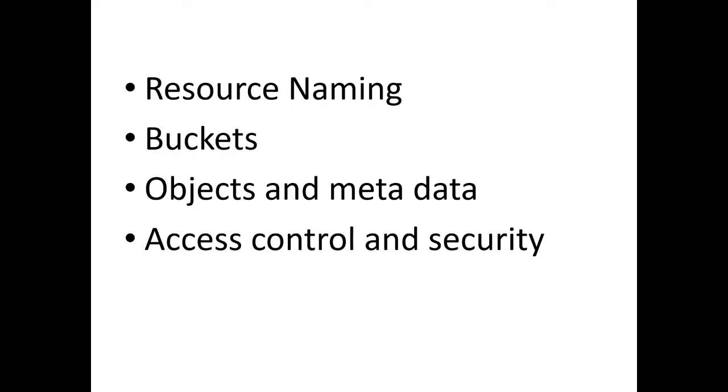For example, s3.amazonaws.com/ the bucket name. The second type is a subdomain. It is also possible to reference a bucket as a subdomain of S3. And the third type is virtual hosting with the customer URL. So these are the basic three types of resource naming as discussed in your reference book.